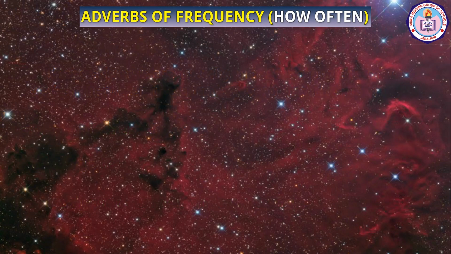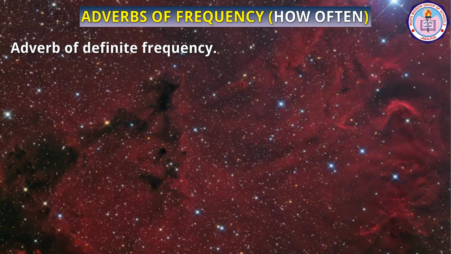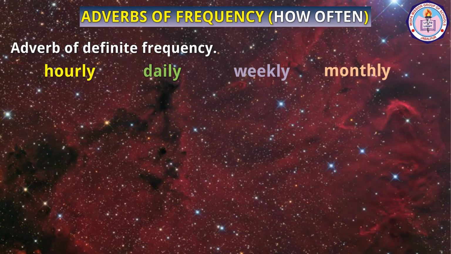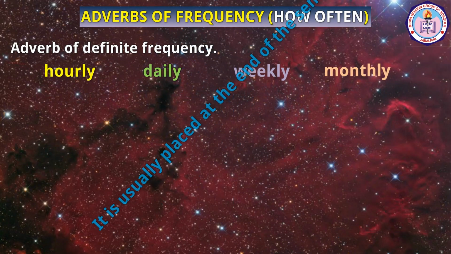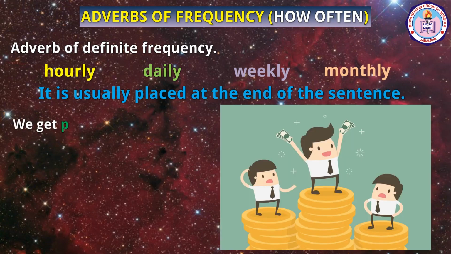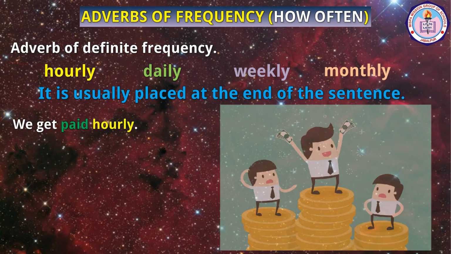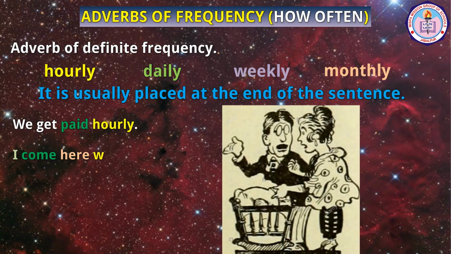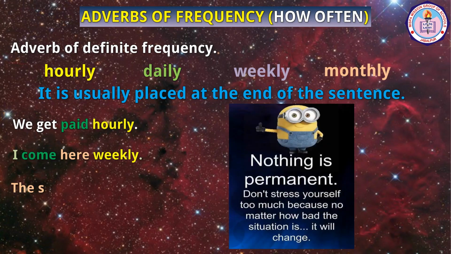The second type of frequency is adverbs of definite frequency. Examples are hourly, daily, weekly, monthly. They are usually placed at the end of the sentence. We get paid hourly. I come here weekly. The situation seems to change monthly.